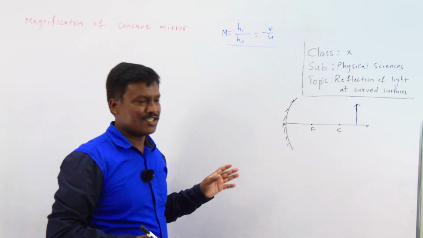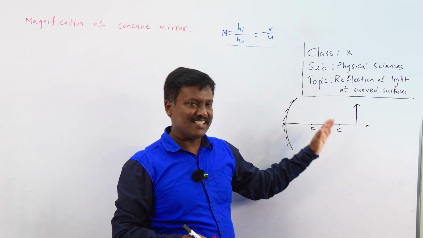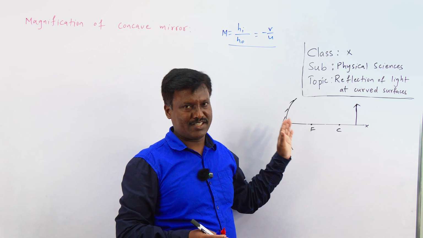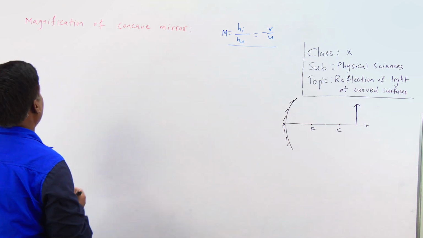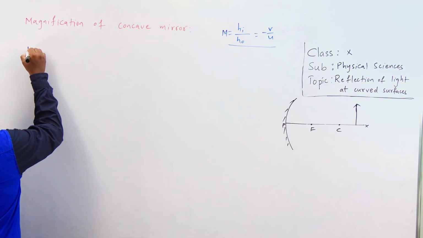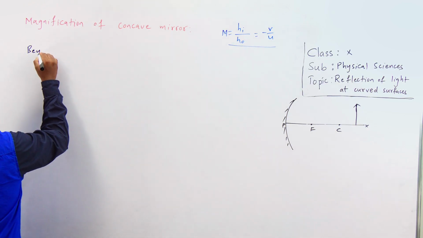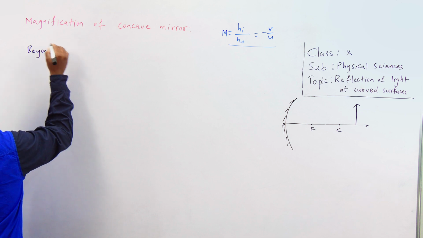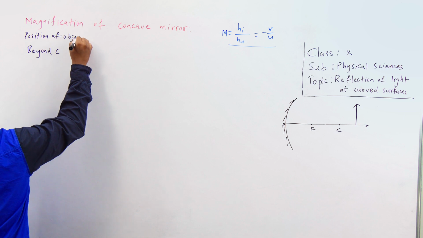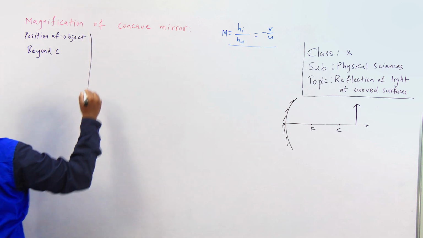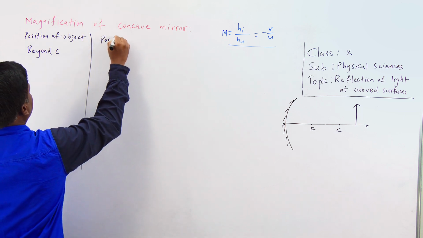So what are the magnification values? When you place the object beyond C, at C, between F and C, at focus, between pole and focus, we will discuss one by one. For example, the first position of the object is beyond C. This is the position of the object. Next, we discuss the position of the image.